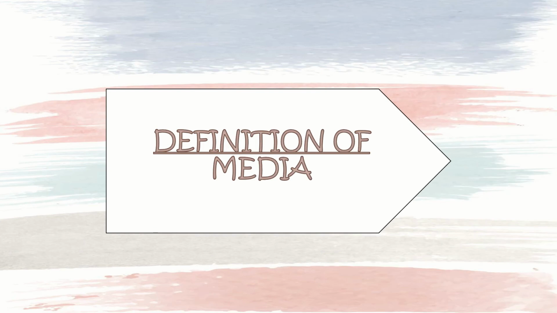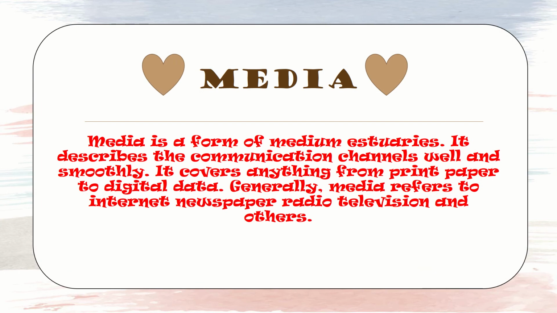Next, definition of media. Media is a communication outlet or tool used to store and deliver information or data. There are many types of media you can get such as social network, media sharing network, and discussion forum.